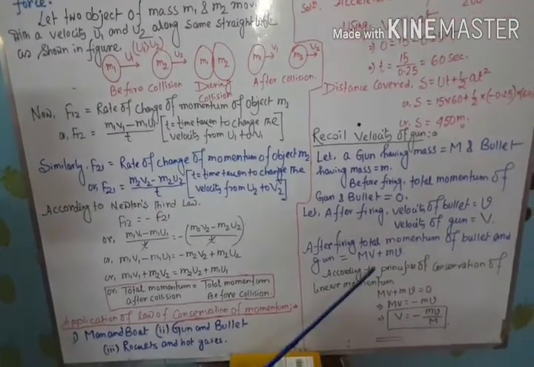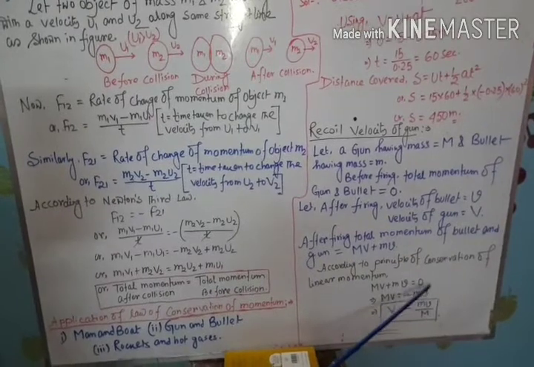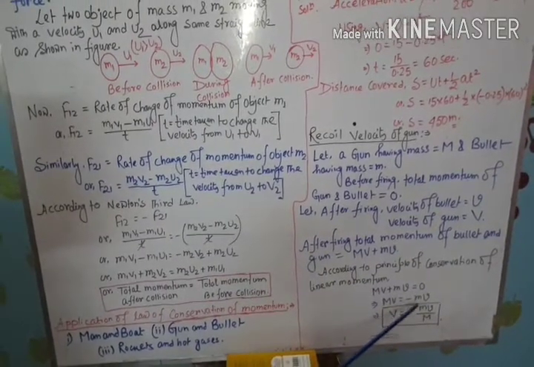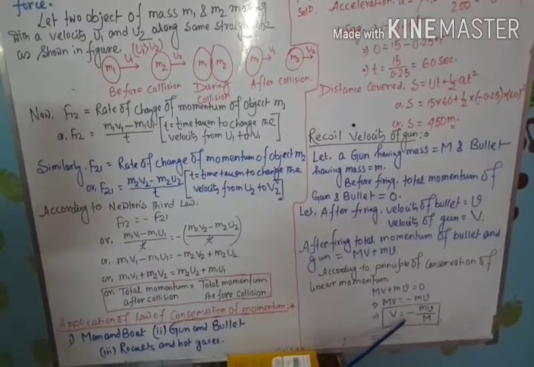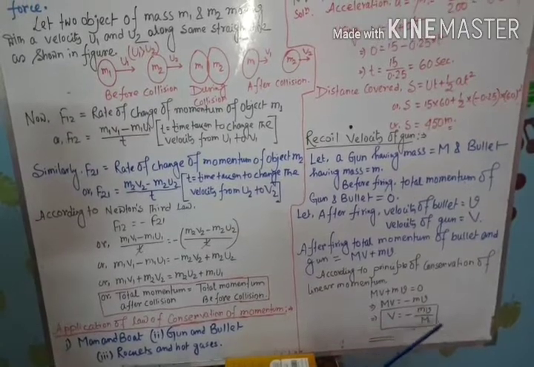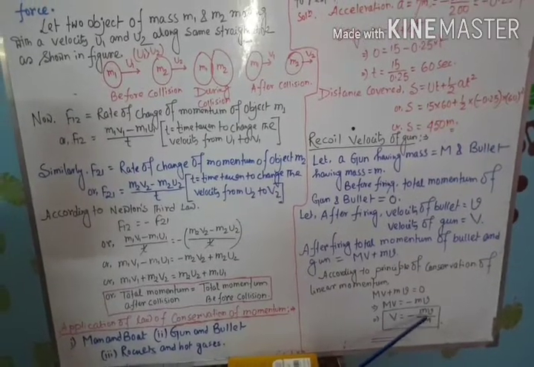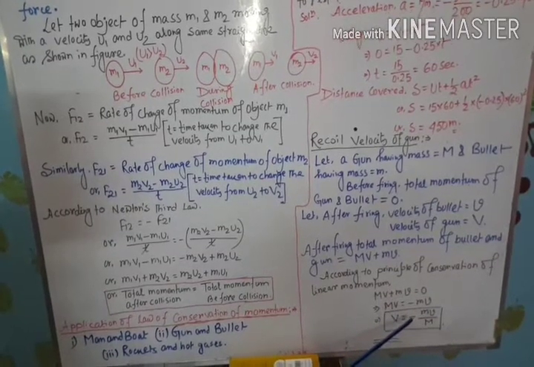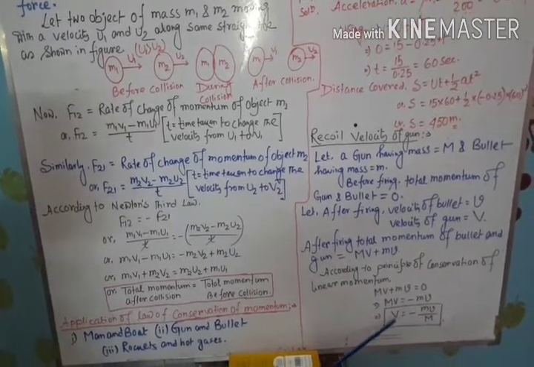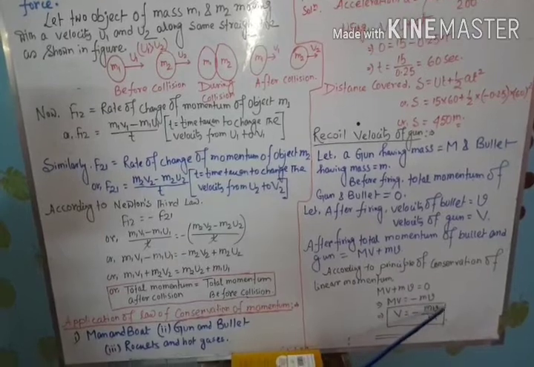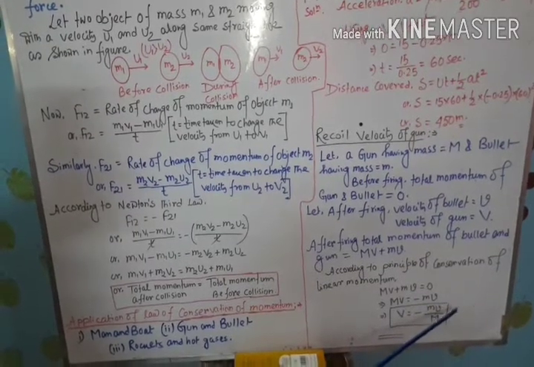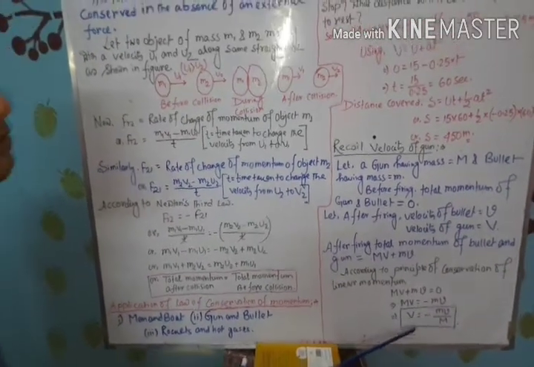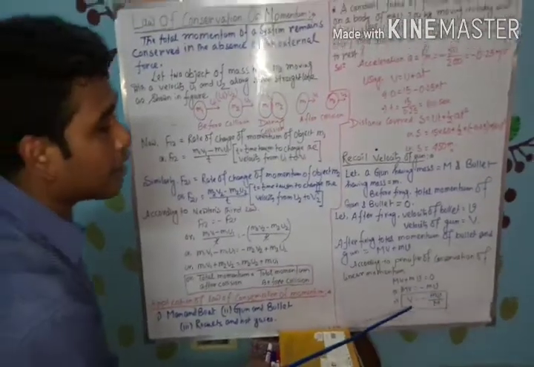That's why we can write MV plus mv equal 0. From here MV equal minus mv, so capital V equal minus mv by capital M. This minus sign represents that the direction of motion of the gun is opposite to the direction of motion of the bullet. That's why this velocity of the gun is called the recoil velocity.